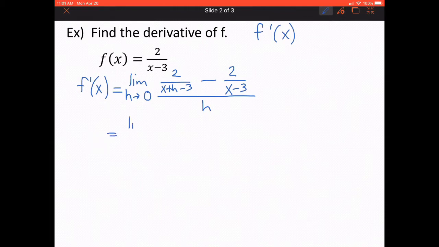All right, so we still have the limit as h approaches 0, and I need to simplify it so that that h in the denominator cancels. But the only way to subtract the fractions at the top is to give them a common denominator, which is going to be x plus h minus 3 times x minus 3.